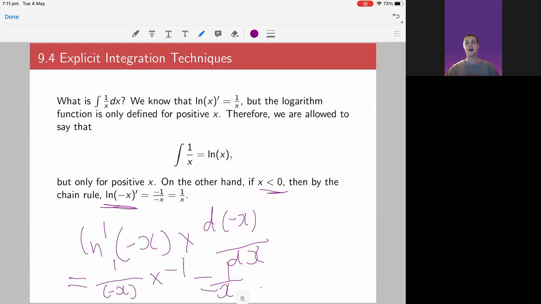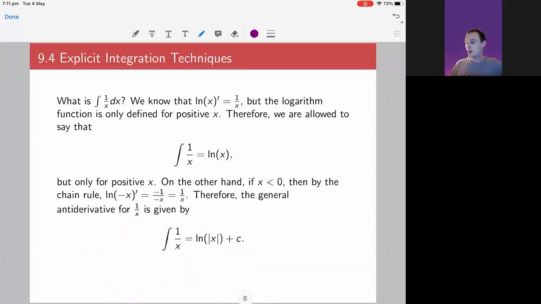So this is yet another function whose derivative is 1 on x, except this time the domain of the function is x strictly less than 0. So that means the integral of this is log of x if x is positive, and log of minus x if x is negative.